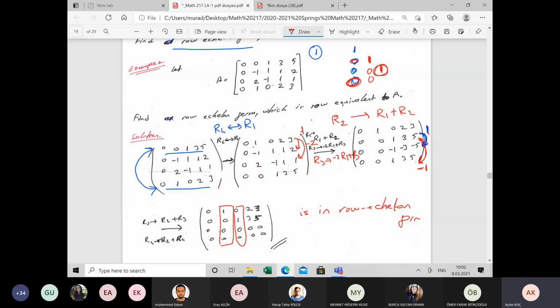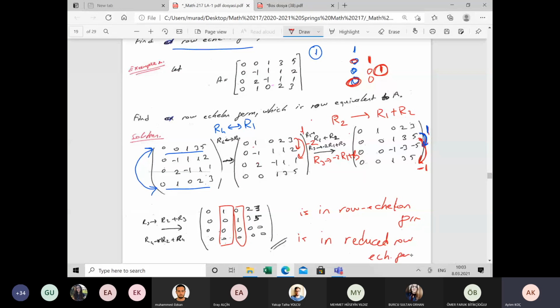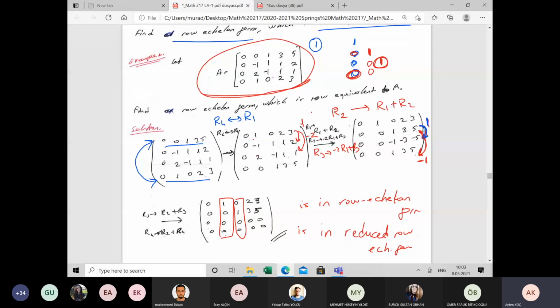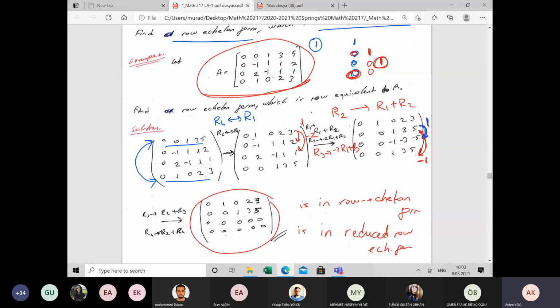And the last condition, yes, our matrix is in reduced row echelon form. The matrix A is not in reduced row echelon form, but the result matrix is in reduced row echelon form. So the result matrix is called the reduced row echelon form of the matrix A.